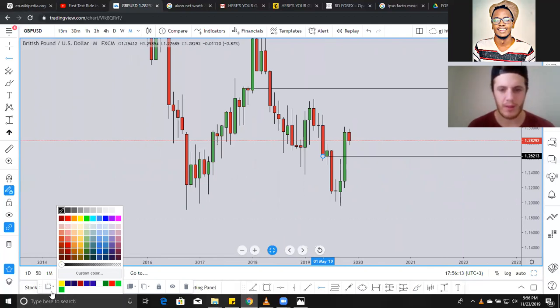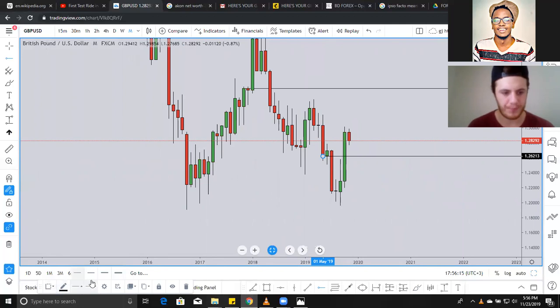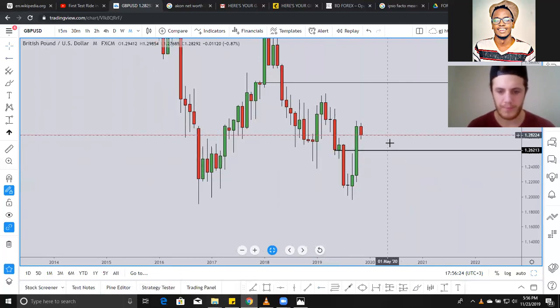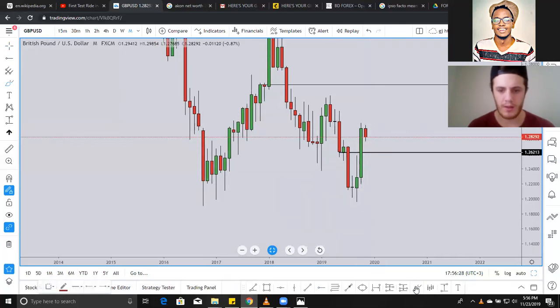Price can pull back all the way to test this monthly invalidation point before eventually continuing with our bullish bias, our uptrend.